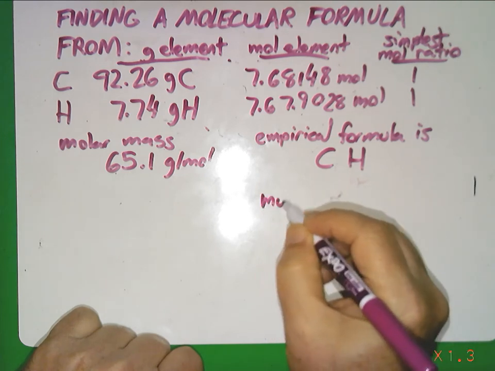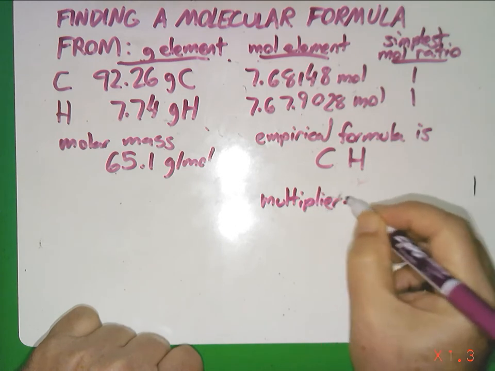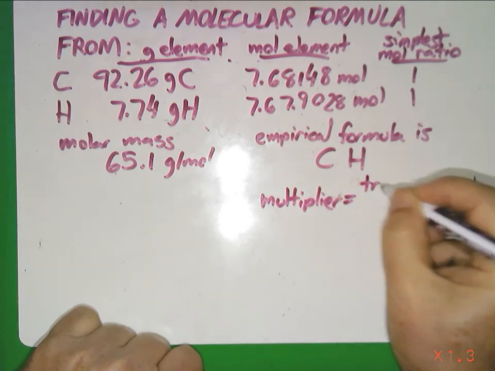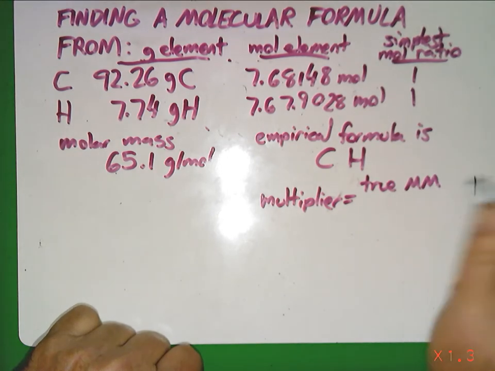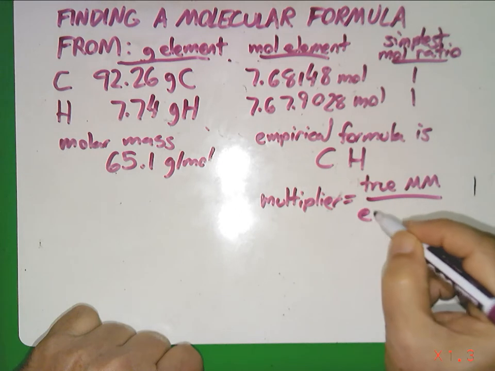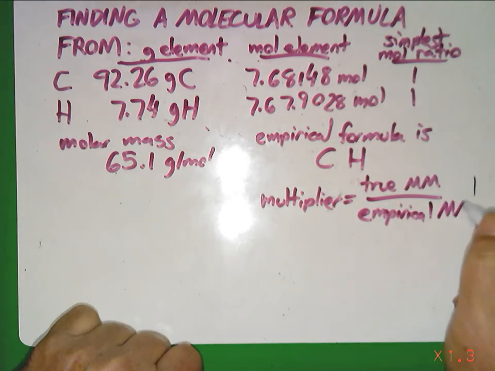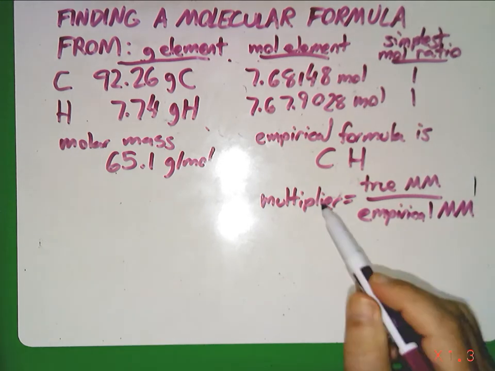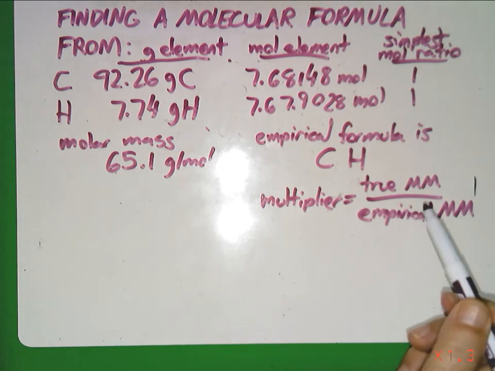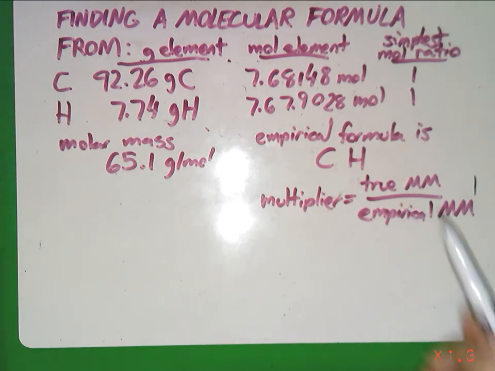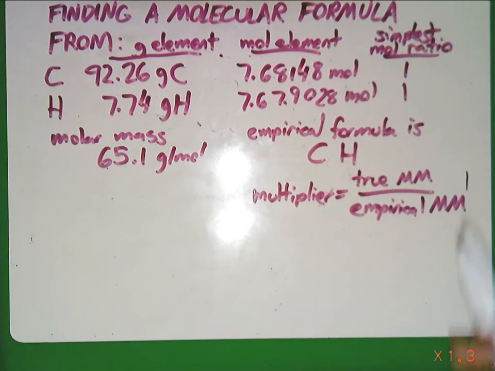The multiplier is the true molar mass, I'm going to just say mm for short, divided by the empirical molar mass. Now if I remember that upside down, the multiplier is going to have to come out to be an integer. This will always be an integer if I have it set up right. If I get it upside down, I'll get something that's a fraction, not an integer.